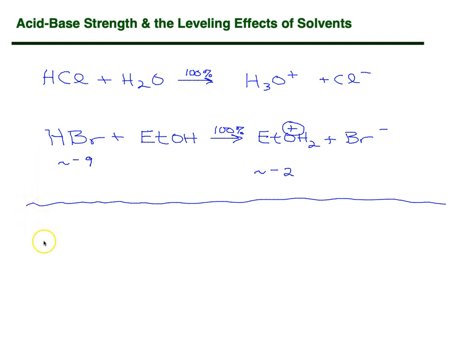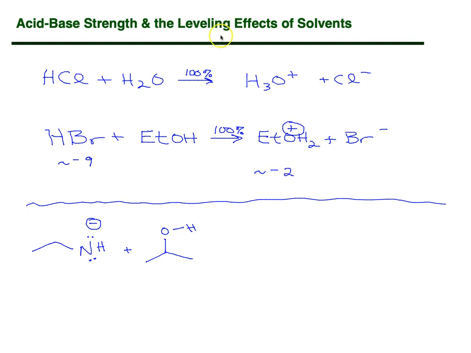In the case of bases, if we were to take an amide ion like ethyl amide, which has 2 lone pairs, a hydrogen, an ethyl group, and then a formal negative charge, and put this in, say, something like isopropyl alcohol as a solvent, this amide would just completely deprotonate the isopropyl alcohol.